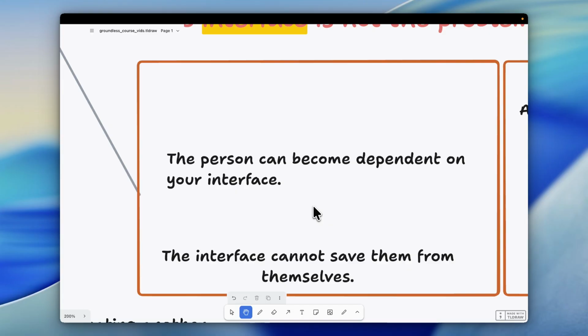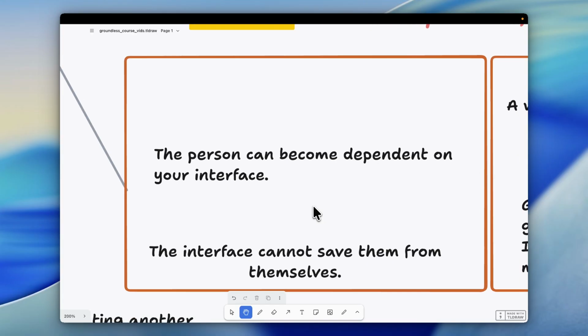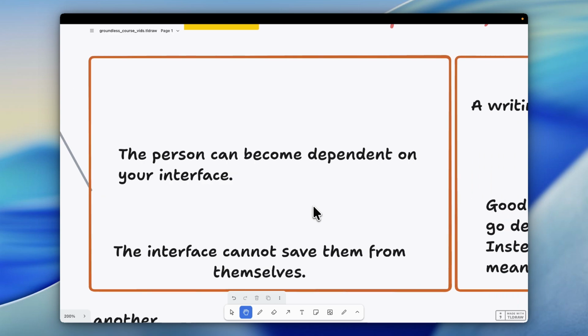For example, the person can become dependent on the interface, and there's this relationship going on where the interface has an influence, but so does the person, and you cannot build an interface to save them from themselves.